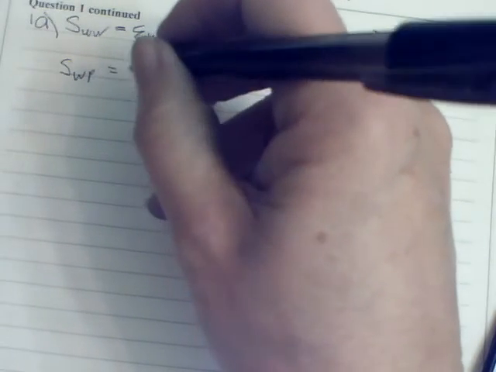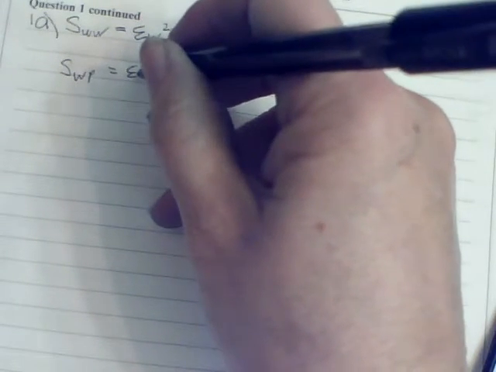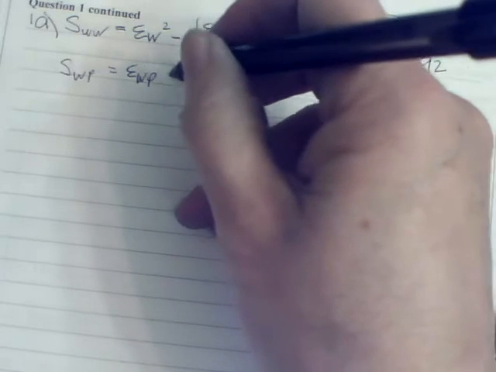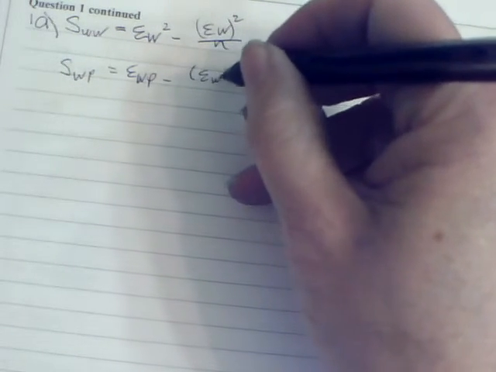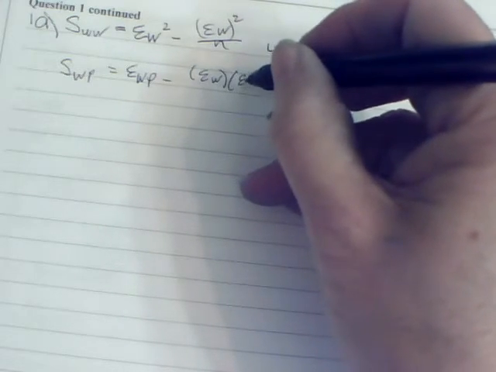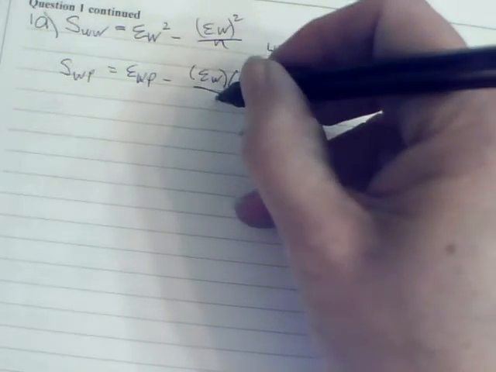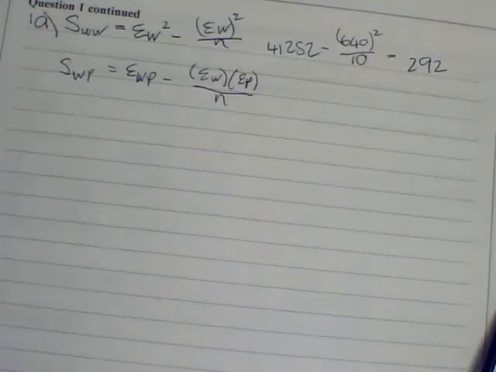Right, let's write that down. So we've got sum of WP minus brackets sum of W times sum of P, all divided by n. Okay, let's whop those numbers in.